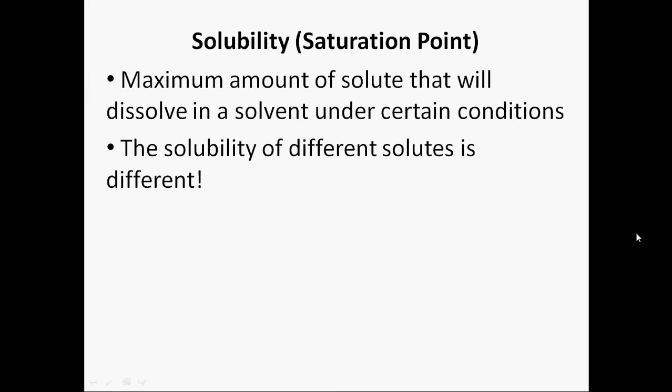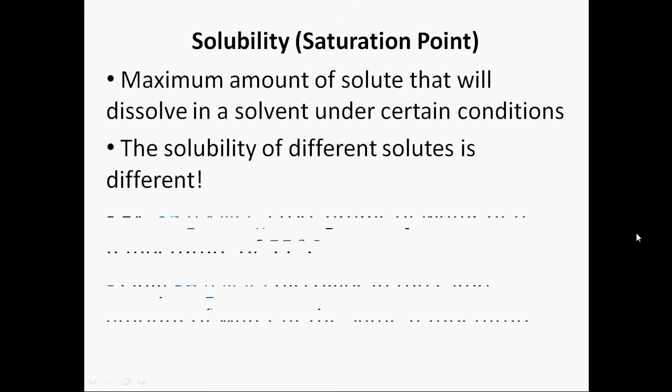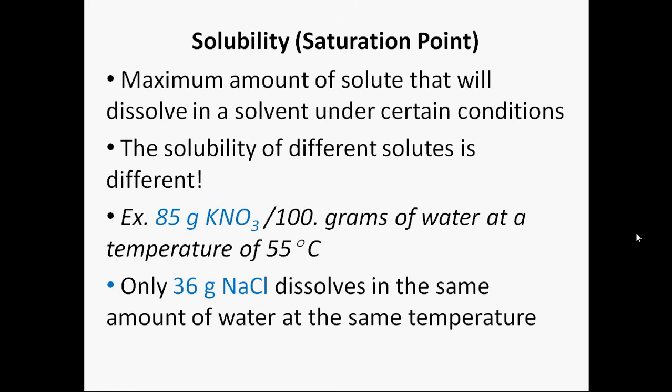Okay. So again, the maximum amount of solute allowed, that saturation point, is going to be different for different solutes and different solvents. For example, in 100 grams of water at 55 degrees Celsius, we can dissolve a maximum of 85 grams of potassium nitrate.